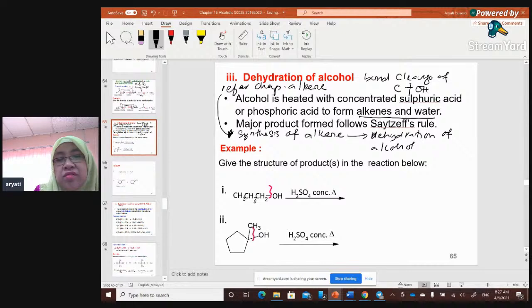The major product formed will follow Saytzeff's rule. So what is the Saytzeff's rule?